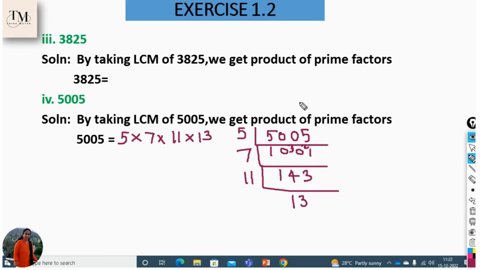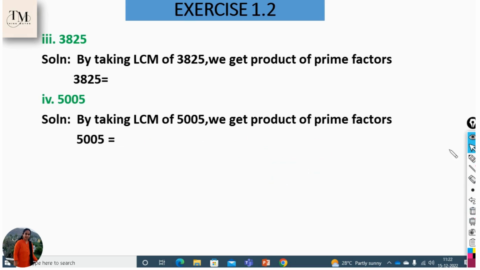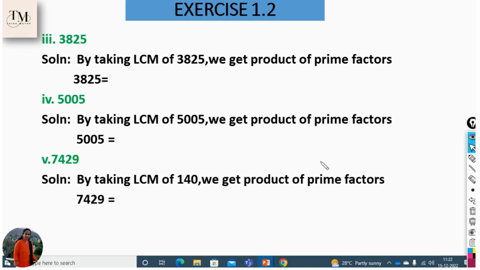So next one, let us go to the next problem. 7429. So if you check this, if you take each prime number 2, 3, 5, 7, 11, so their prime numbers will be 17, 19 and 23.